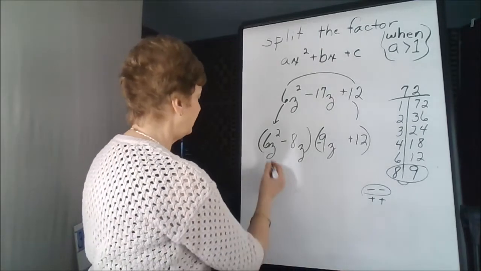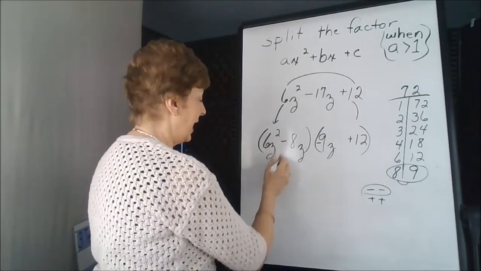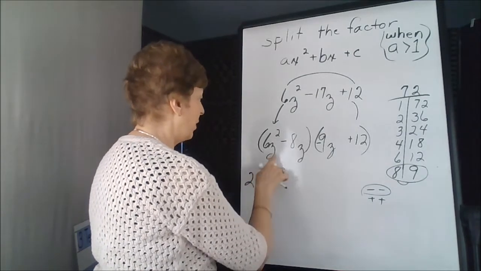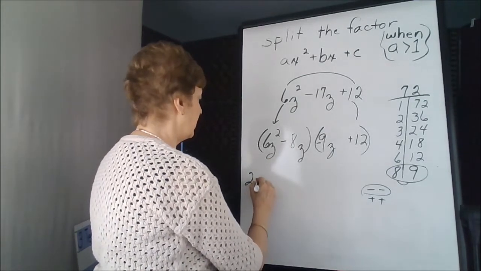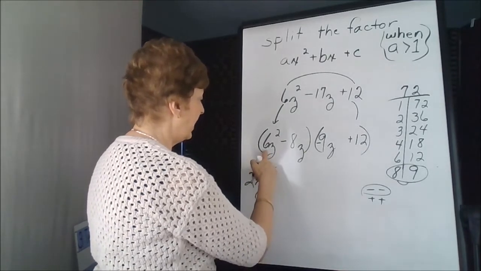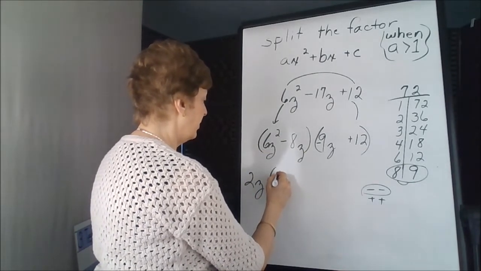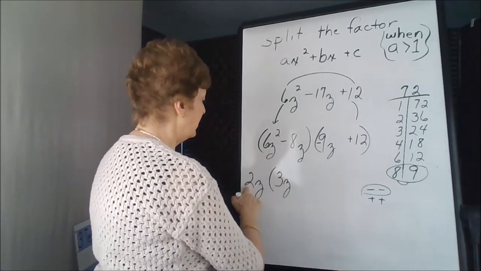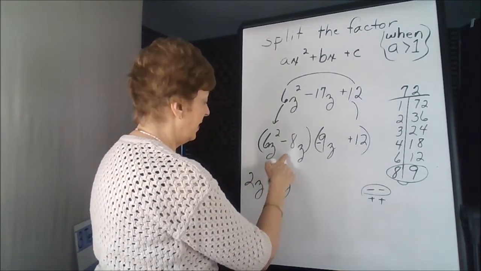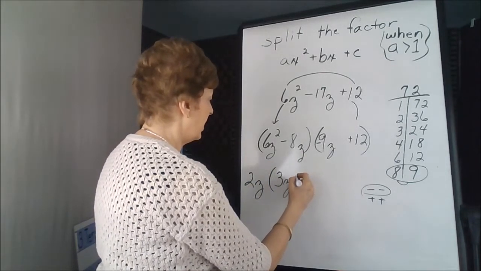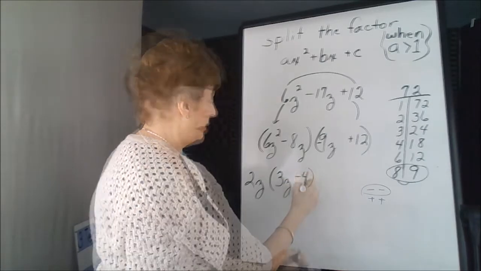Here we go. 6 and 8, we could take a 2 out of that, and both of the pieces have z's in them, so I'm going to put a z here. And then 2 divides into 6, 3z times. And 2z divides into 8z 4 times, so that would be a negative 4.